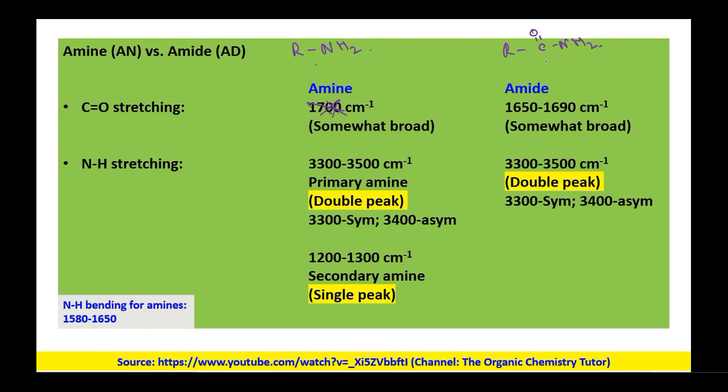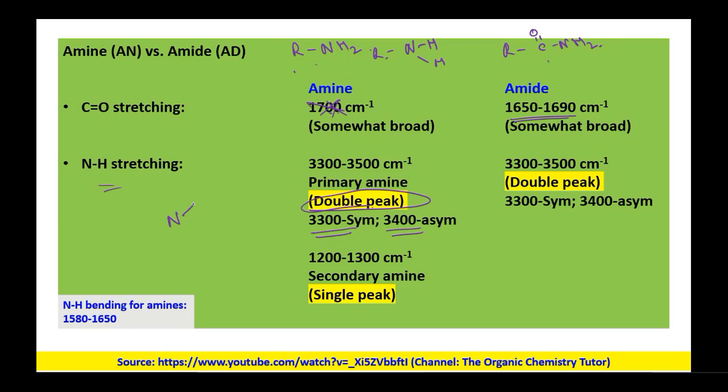Herein we will be having C double bond O stretching at 1650 to 1690, and then NH stretching. In the primary amines, if you see over here, there will be two NH bonds, two hydrogen NH bonds. So we'll be getting double peaks, one peak due to the symmetric stretching, the other due to the asymmetric stretching, at 3300 and 3400.